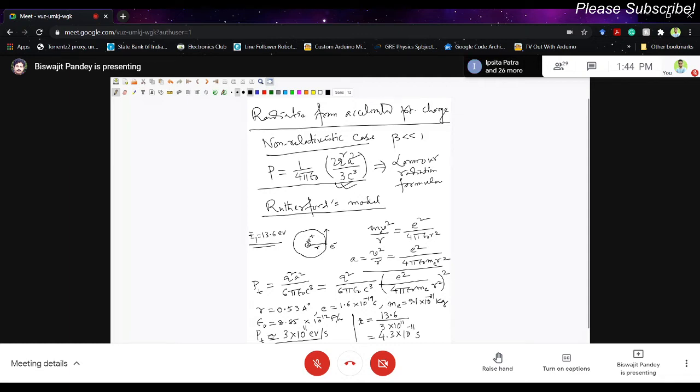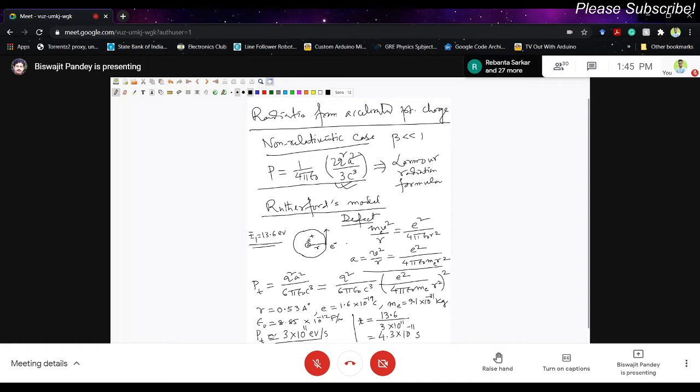As soon as it dissipates all the energy, it will no longer be in a bound orbit anymore. So this orbit will not be a stable one. That was the defect. This is basically a defect of Rutherford's model, and that's why when Bohr proposed his model, he had to introduce the idea of a stationary orbit, where the charged particles cannot radiate energy, right?